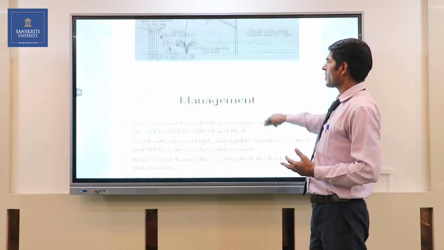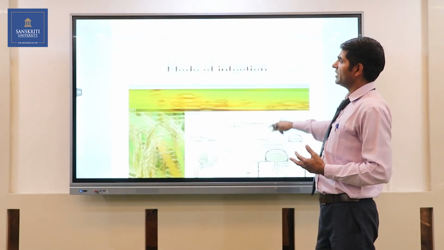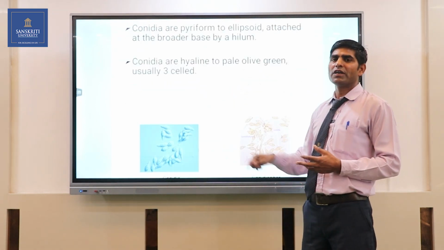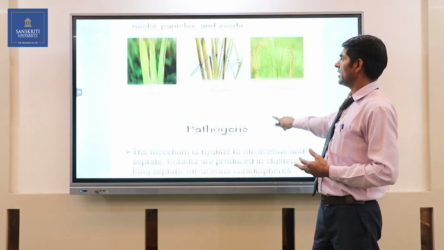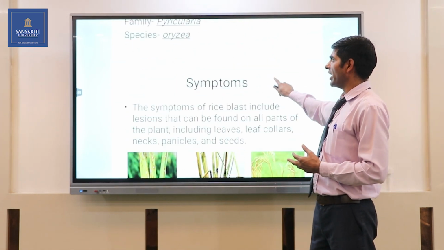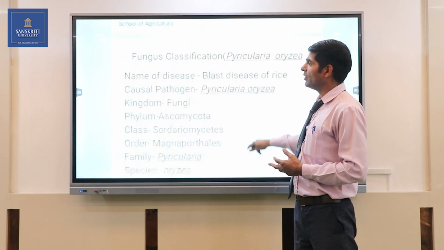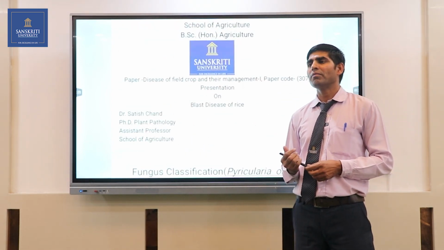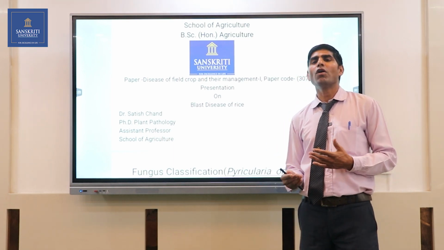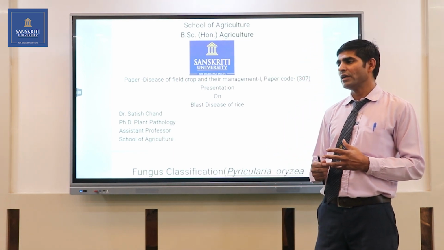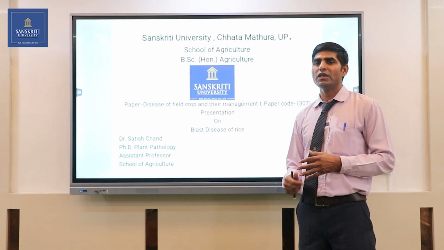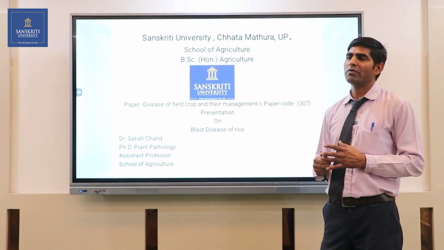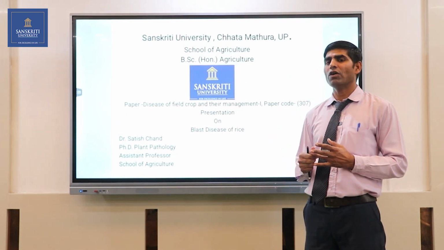Today we discussed one of the most important diseases of rice, that is Pyricularia oryzae. Everyone knows that due to Pyricularia oryzae, many epidemics have already been recorded in history. In 1943, there was an epidemic in West Bengal due to Pyricularia oryzae.